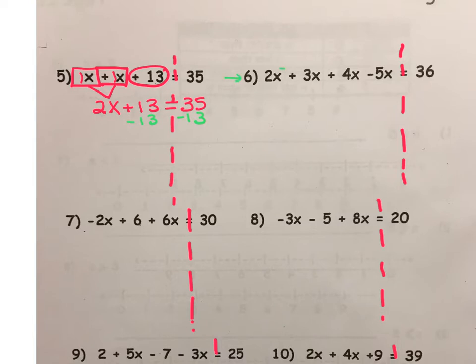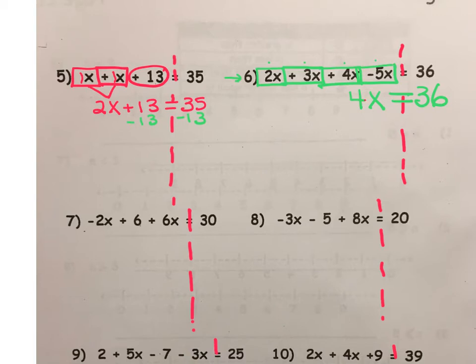In this case, we have a gain of 2x's, a gain of 3x's, a gain of 4, but a loss of 5. No constants on the left side. So as we bring these together, 2 and 3 make 5, plus 4 makes 9x's, minus 5 makes 4x's, equals 36.